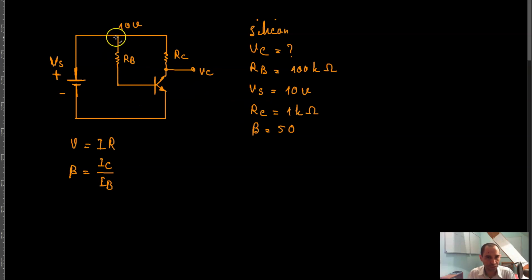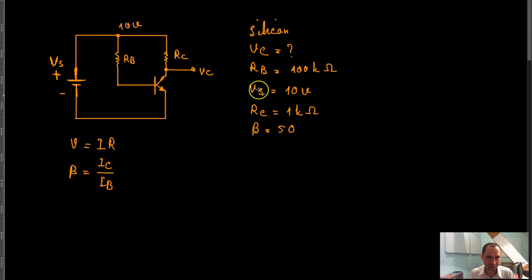So now, how do I calculate the voltage drop? How do I calculate the base current of this transistor? I already know how much voltage drop there is across this resistor, because the power supply up here is 10 volts. And this resistor goes over here through the base emitter junction to the ground, right?